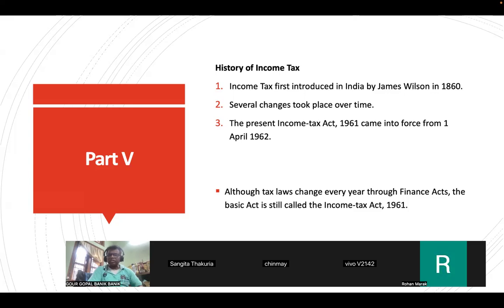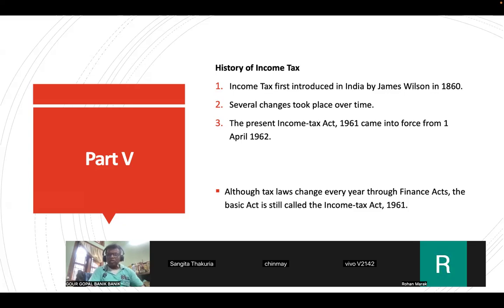Even that we shall study, but before that, let us go on with the Income Tax Act 1961. Mostly the same concepts will be available in the Income Tax Act 2025, but there are certain changes, and I'll explain those changes.